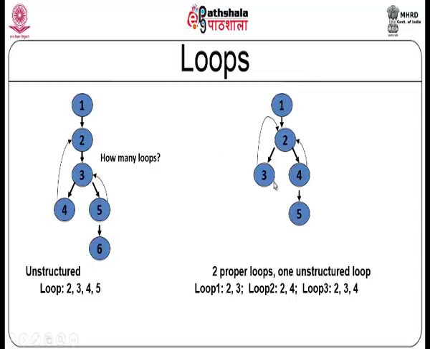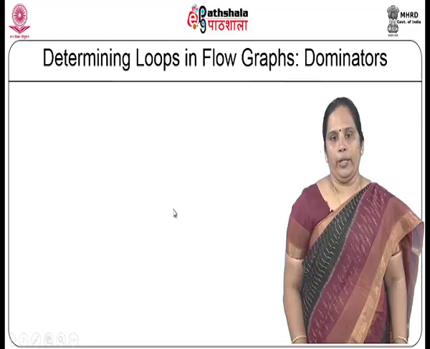So here there are two proper loops and one unstructured loop. Loop 1 is 1, 2, 3 and then going back, that is one loop, and then 2 to 4 is one more loop, then 2, 3 and back here, and then coming back to 4 will be another path. So you have to ensure that your loops are structured as much as possible, with a single entry and a single exit point.